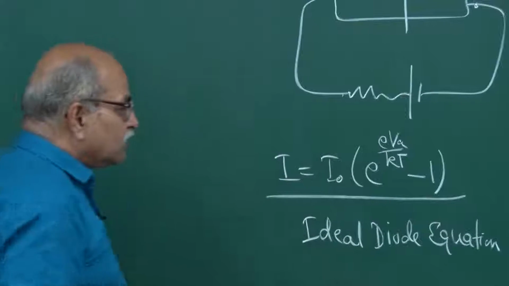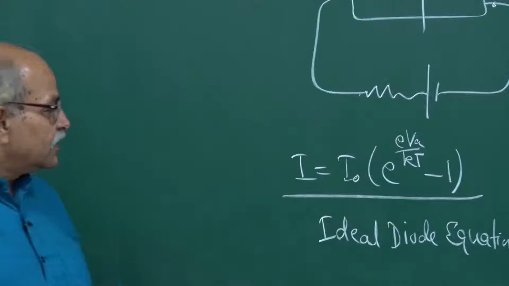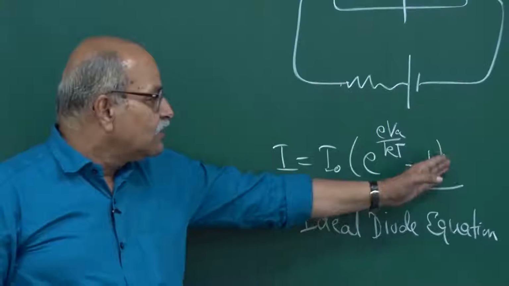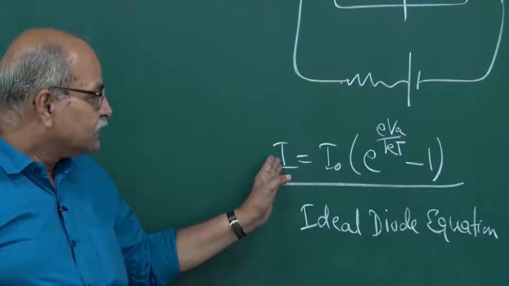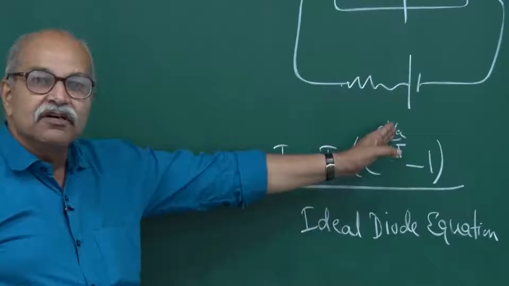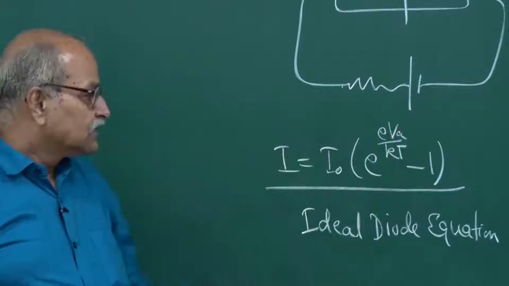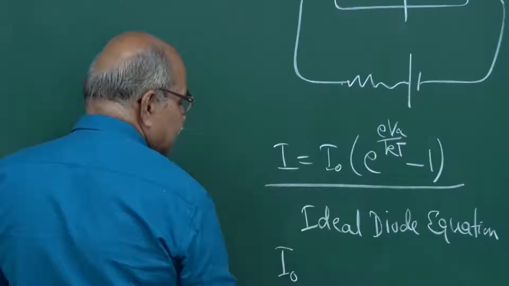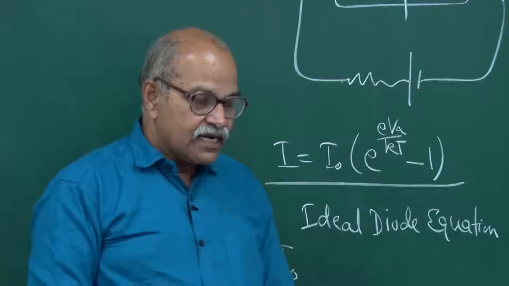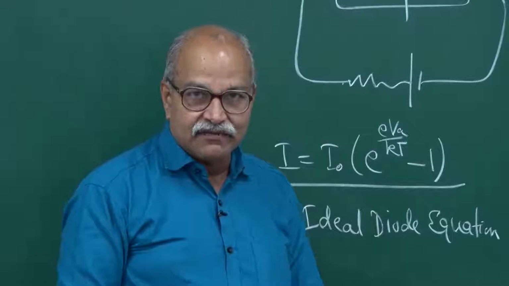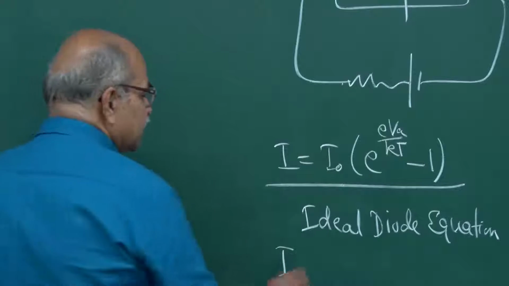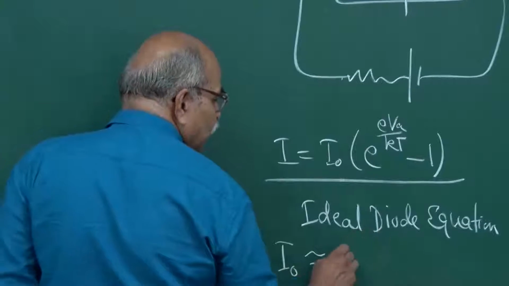Now, before proceeding further, let me just give numerical values of this quantity for different values of applied voltage. This I naught, which is the diffusion current and same as drift current if there is no biasing, is typically say few microamperes.